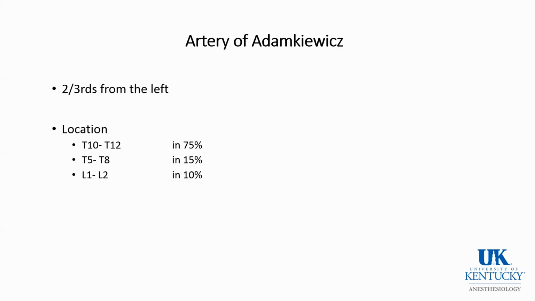The artery of Adamkiewicz is considered by some to be an important blood flow into the spinal cord in the lower thoracic region. Its origin varies, but in about 3/4 of patients, it is located somewhere between T10 and T12.